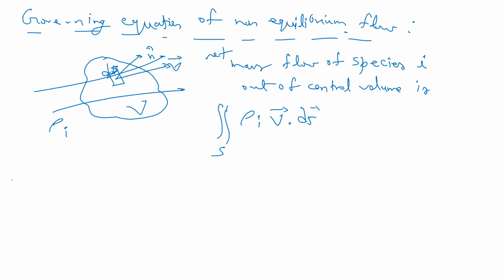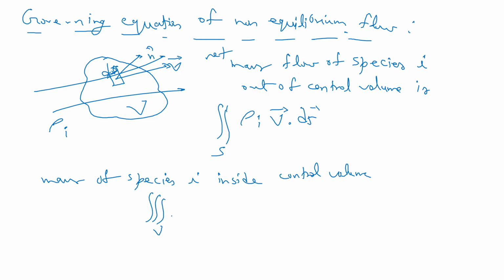And first we'll see the mass of species I inside the control volume. It will be triple integration rho I dV.